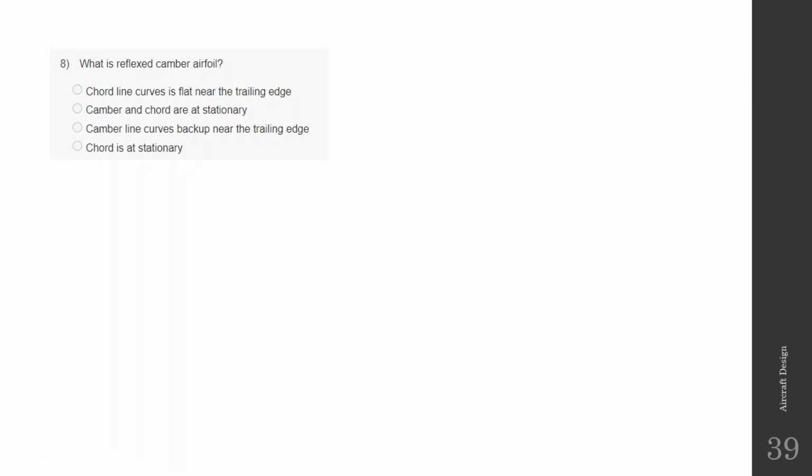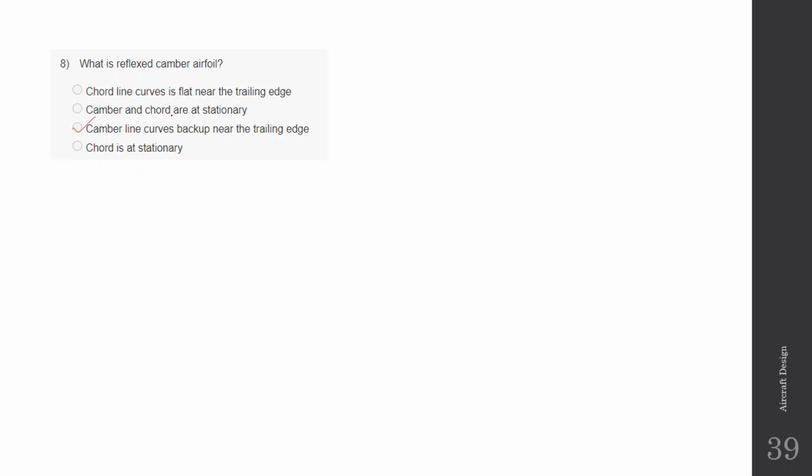What is a reflex cambered aerofoil? The chord line curves back up near the trailing edge. So this is the definition.